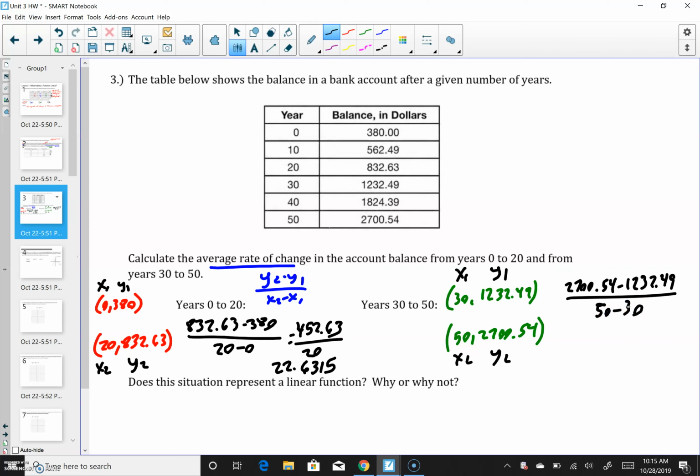So when I quickly plug that into my calculator, I get 1,468.05 over 20. And when I do that division, I get 73.4025. So I get two very different average rates of change.